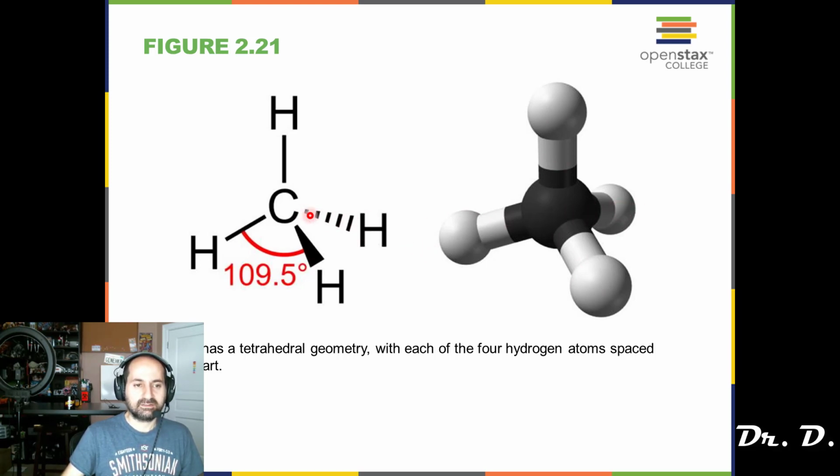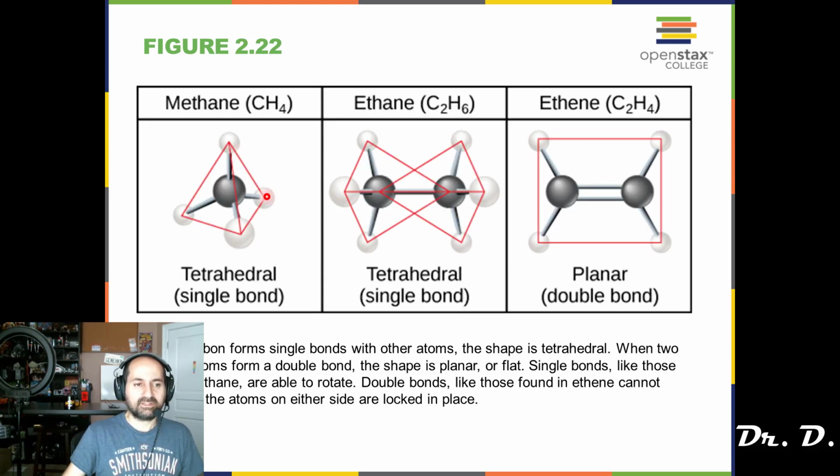That's what this dashed line represents. It's got 1 hydrogen coming out at you. That's what this wedge shape represents. And then you've got another hydrogen sticking off to the side, and there's a 109.5 degree angle between them. So it's more like a pyramid shape. So look, here's methane with its pyramid shape. That shape is called tetrahedral. And as long as carbon is just making single bonds, it has a pyramid shape.